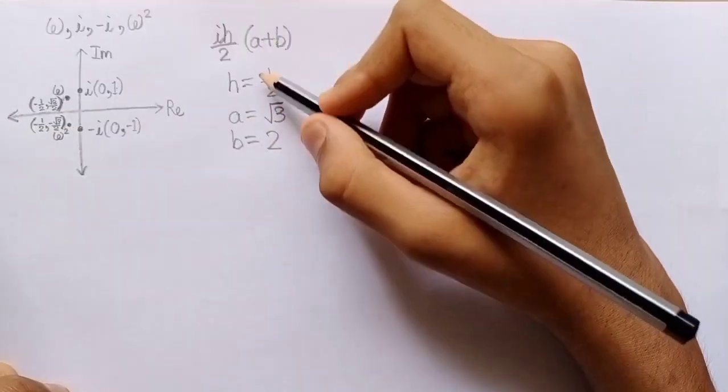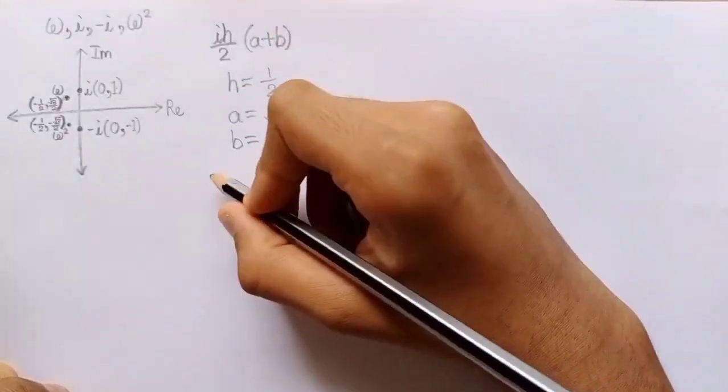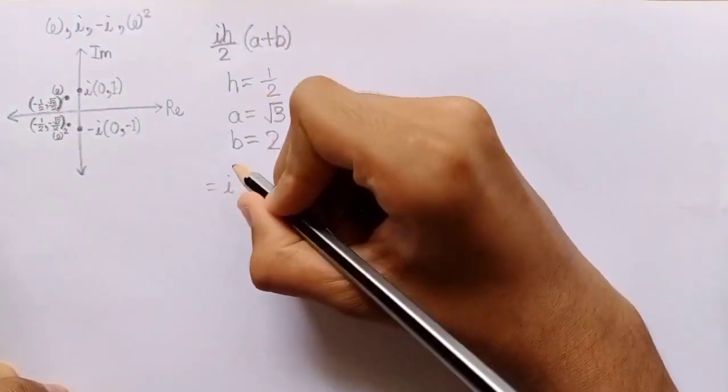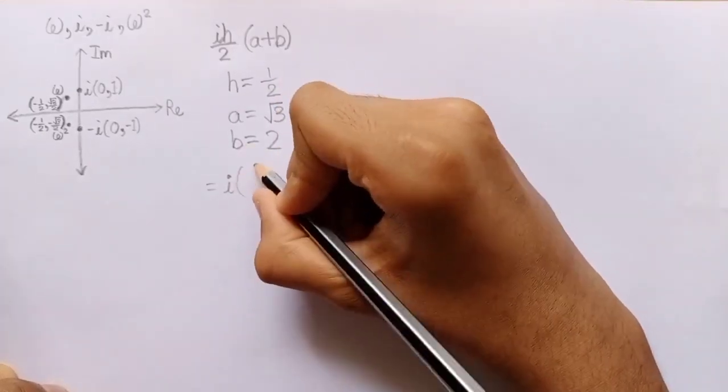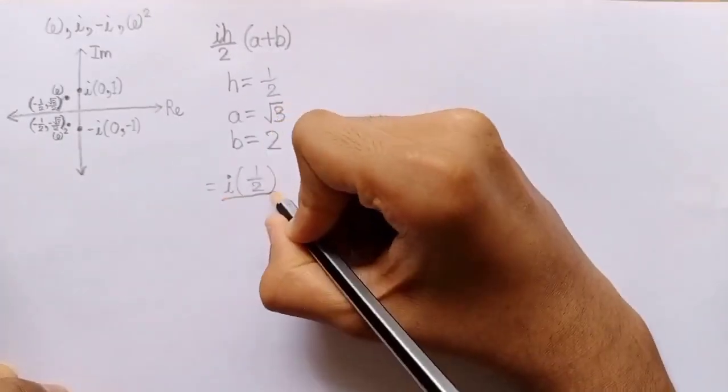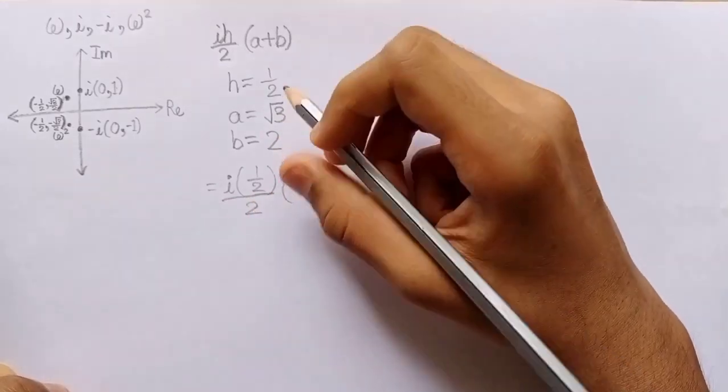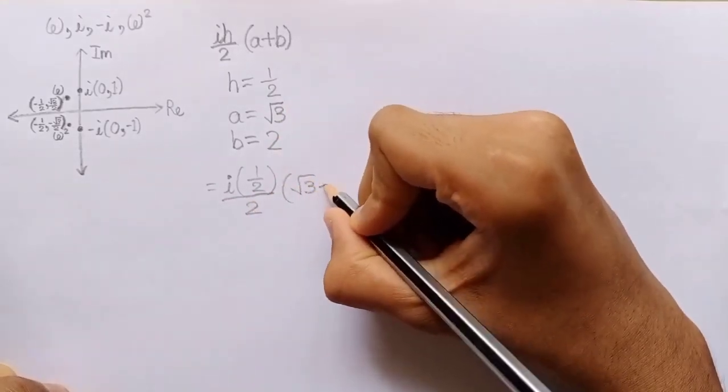So let's substitute these values into this formula. We have i into 1 by 2 into a plus b, which is root 3 plus 2.